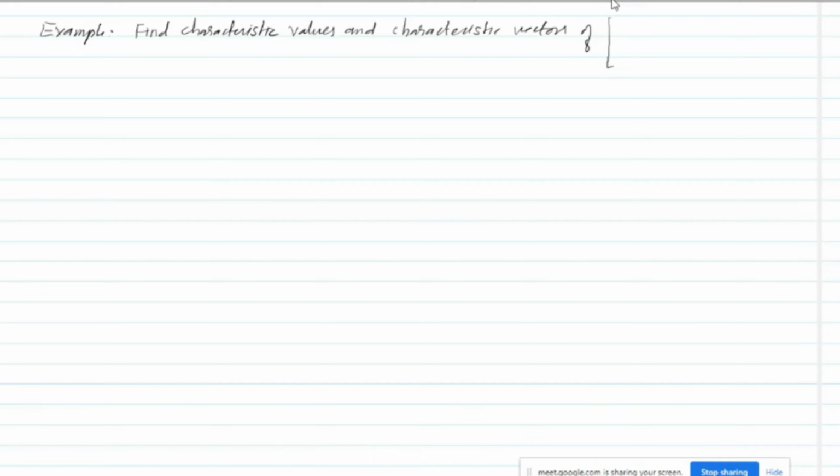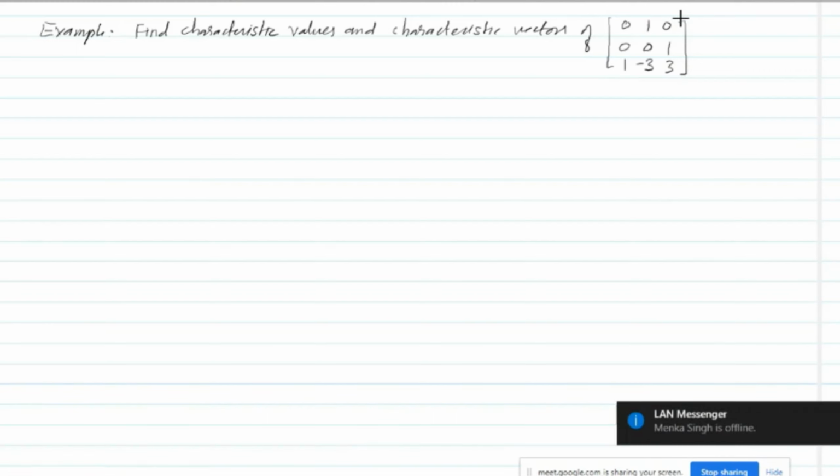Your matrix is given by rows (0, 1, 0), (0, 0, 1), (1, minus 3, 3). This matrix is given to you and you have to determine the characteristic values and characteristic vectors, that is, find the eigenvalues and eigenvectors of this matrix.